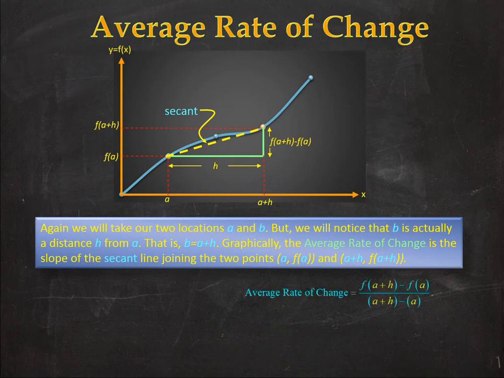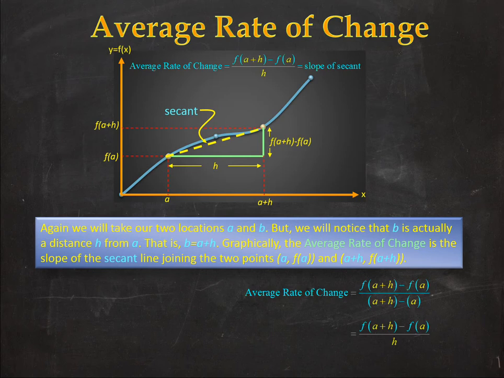It's just that my formula, the average rate of change, which I'm now writing as f of a plus h minus f of a over a plus h minus a, which I can just simplify because the a's cancel out in the denominator, just gives me f of a plus h minus f of a over h. Now this is identical to f of b minus f of a over b minus a. It's just written in a different way. So either way will be perfectly valid.